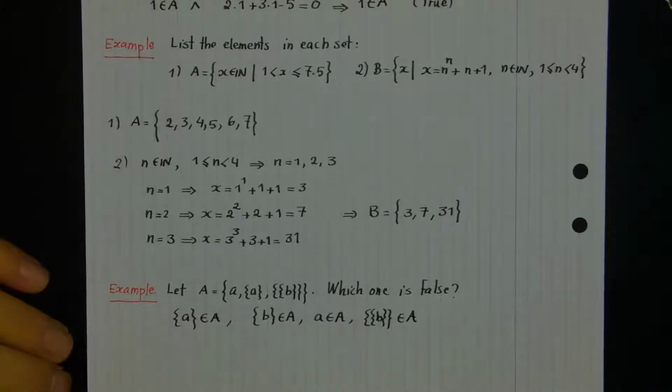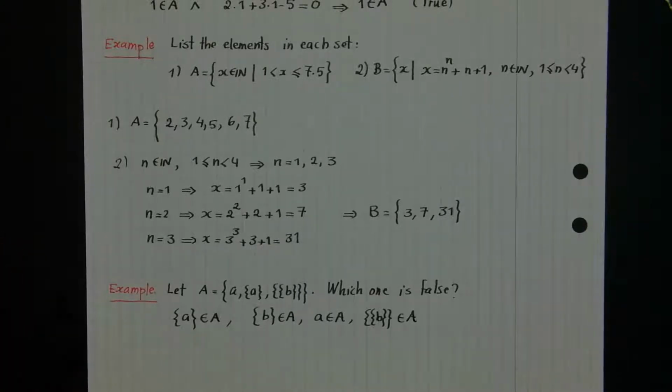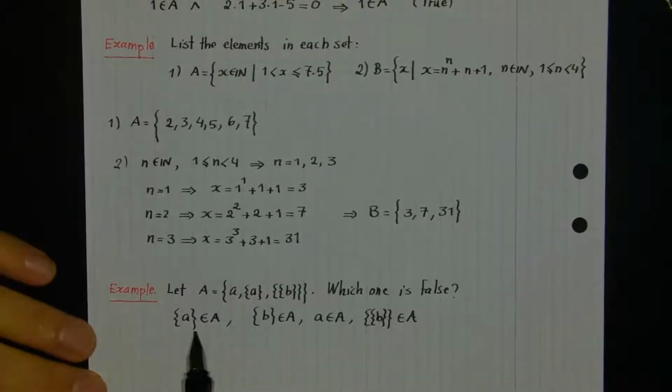So which one do you think is false here? The middle one. There is no middle one here. Which one do you mean? The first one, the second one, the third one, or the last one? I'm sorry. I mean the second. Okay, the second one is false. Yes, that's completely right. So this is the false statement.